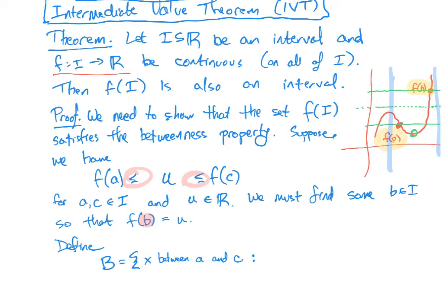The reason I'm writing it that way is that I haven't said if a is to the left of c or if c is to the left of a, and I don't want to say. Okay, so a and c are somewhere in the real line. I'm looking at the numbers in between them. Okay, such that f of x is less than or equal to u.